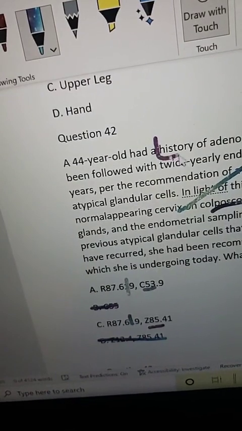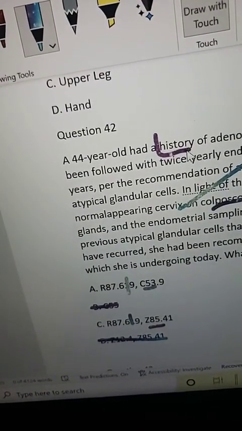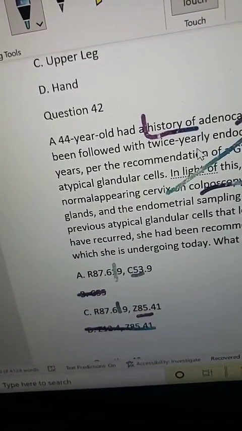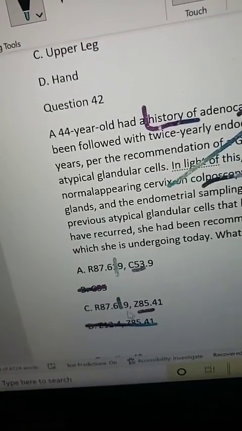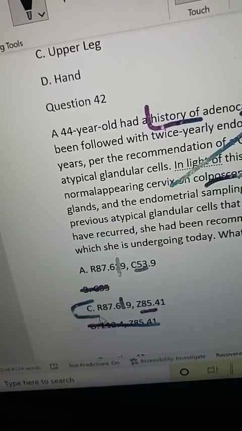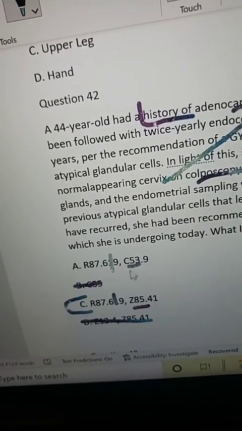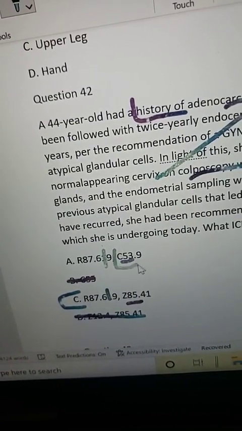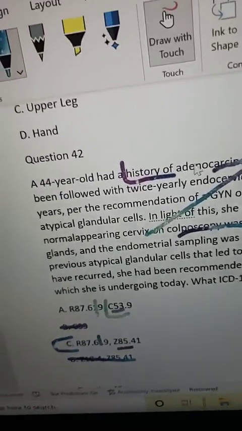The fact that they're saying history of, right? Definitely giving you a hint. Which one are you going to pick? She doesn't have that cancer biopsy or diagnosis until she's given the diagnosis.